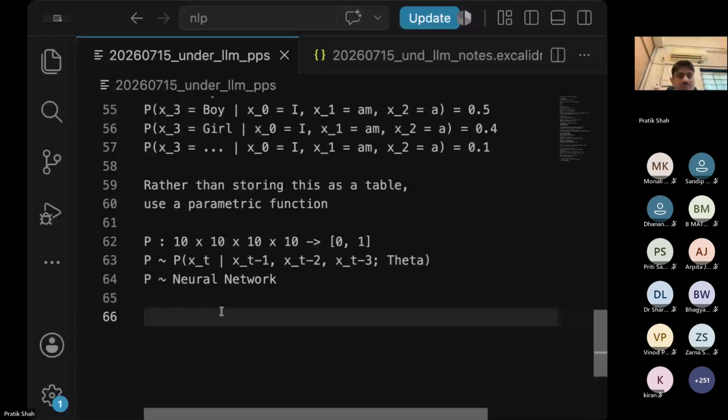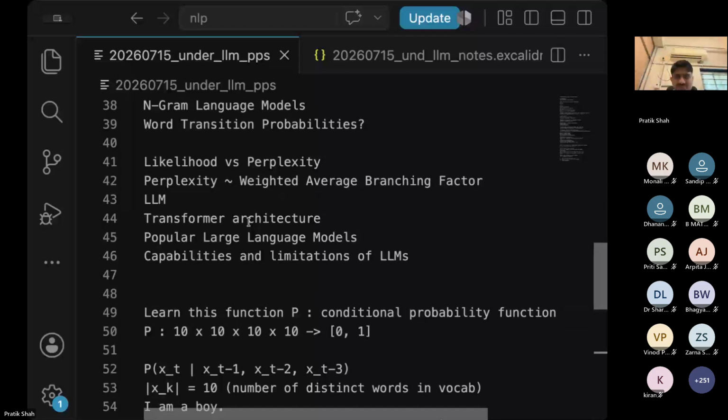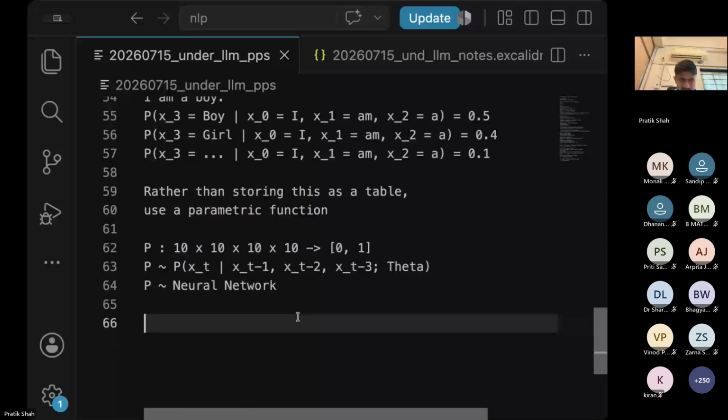Okay. So I wanted to talk about perplexity because this is something which makes a lot of impact on your understanding of LLM. So let's try to motivate it from a different perspective.